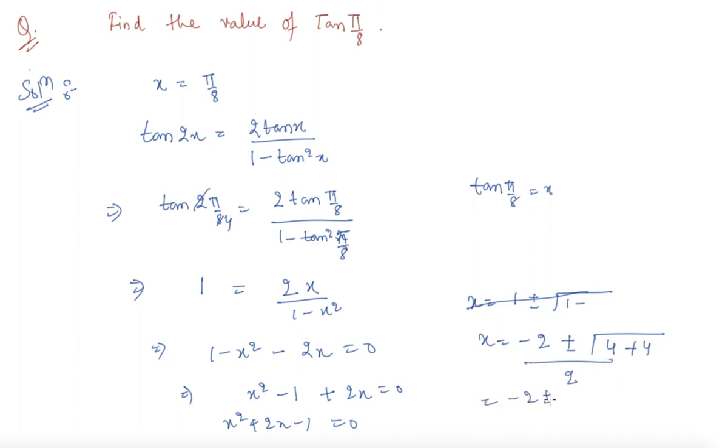So minus 2 plus minus 2 root 2 upon 2, so we are getting minus 1 plus minus root 2.